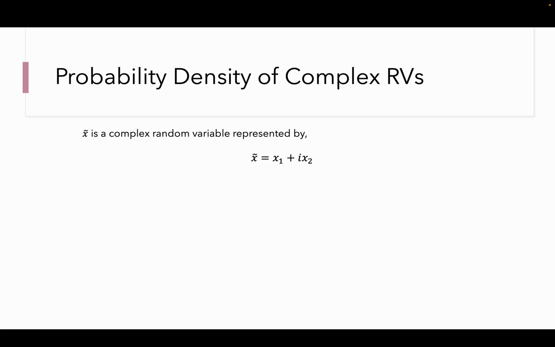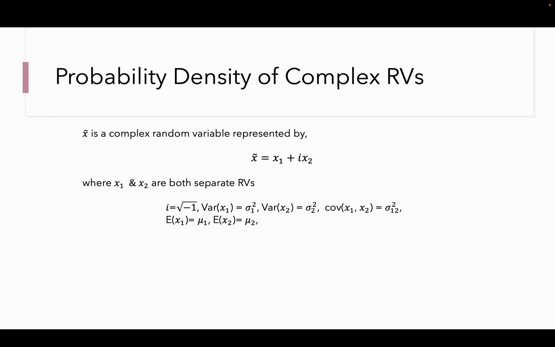Suppose that x tilde is a complex random variable. This complex number has two components, one is the real part and the other one is the imaginary part. So x tilde equals x1 plus i x2, where x1 and x2 are both separate random variables, and i is basically the square root of -1.